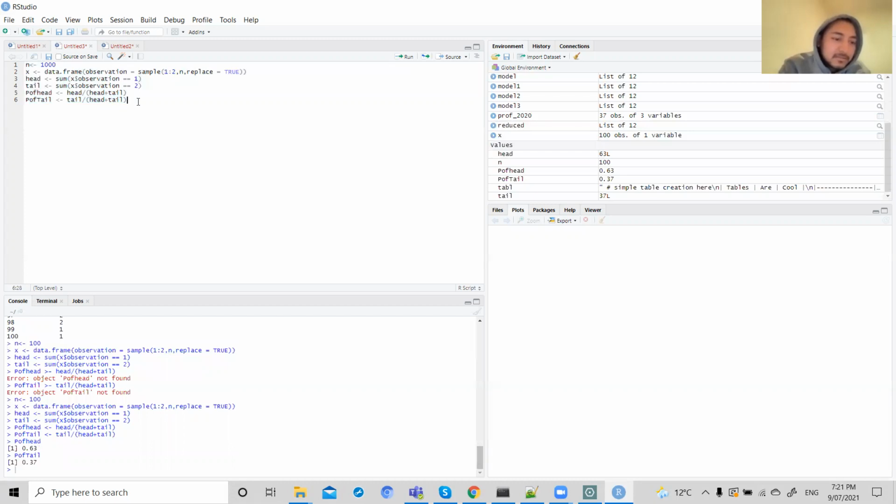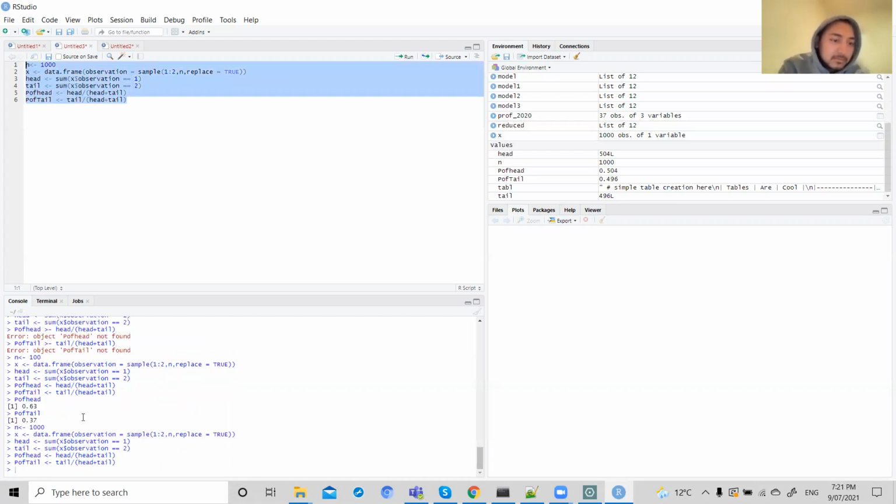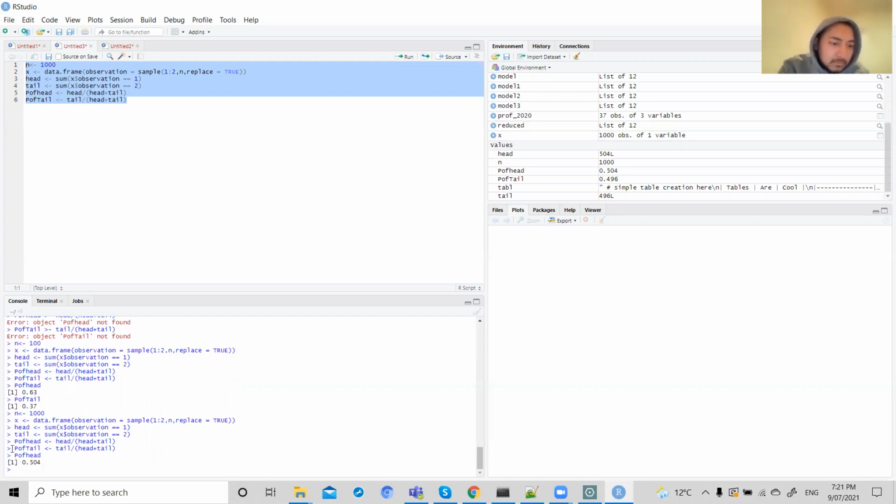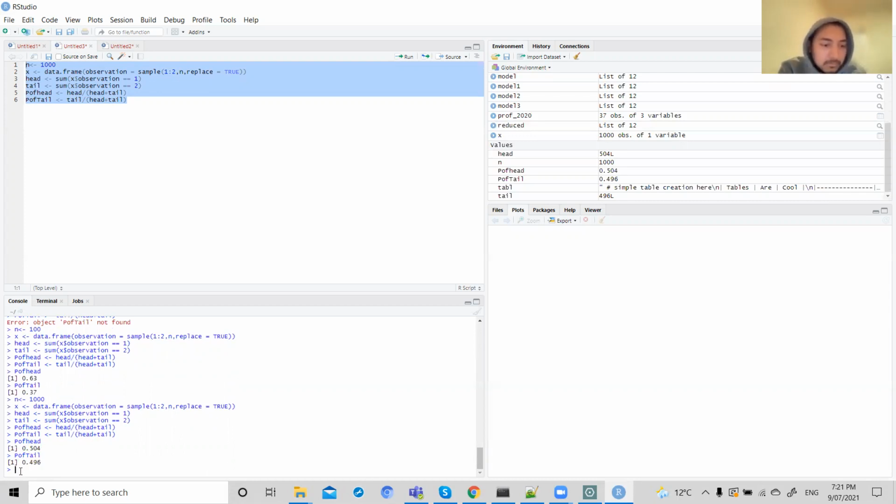Increasing it to 1000, the probability of head is 0.54. It's closer to 0.5, right? Let's do 10,000.